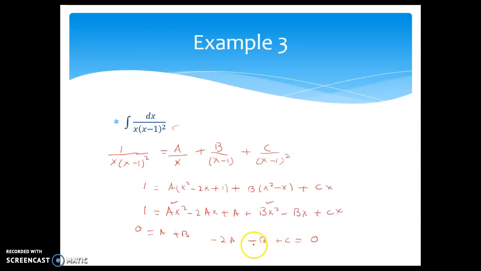And then we have a here equal to 1. So a equals 1. This is x raised to the power of 0, and here we have x raised to the power of 0. And then if we solve these three equations, we're going to get c equals 1 and b equals negative 1.